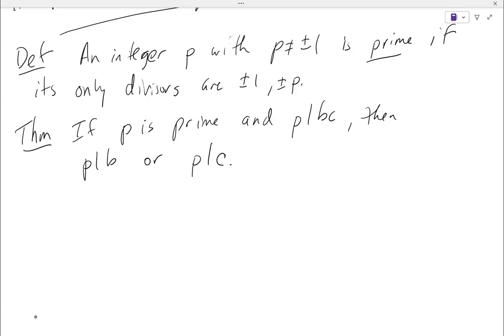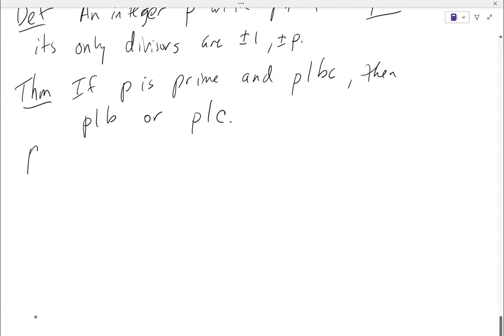Okay. I like doing this proof for a couple of reasons. One is that, again, it's a nice property of primes, and illustrates the importance of primes. The other is that it's also a very good example of a proof by cases idea. I'm trying to show that one or the other is true.